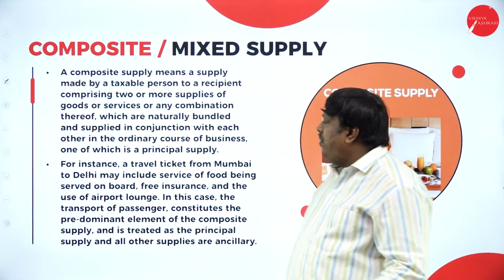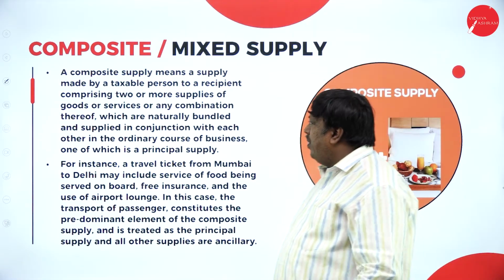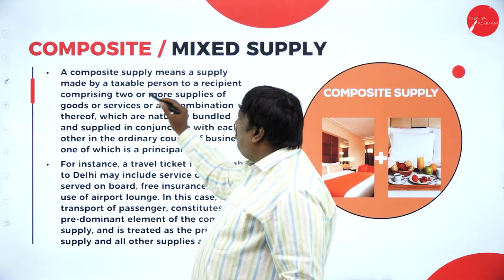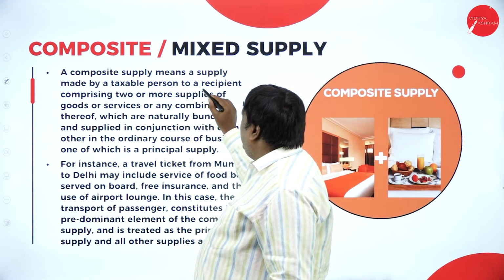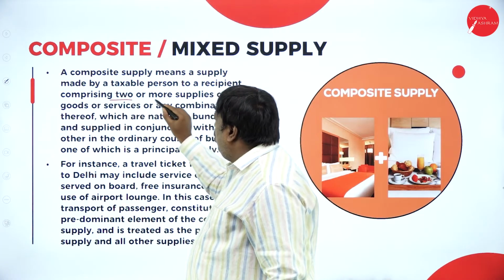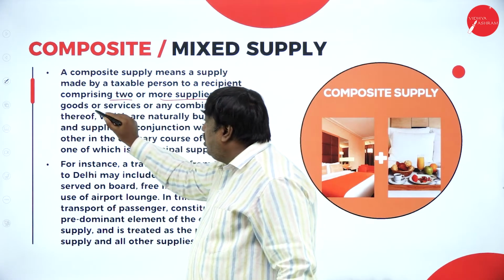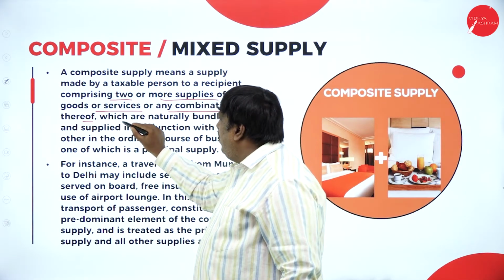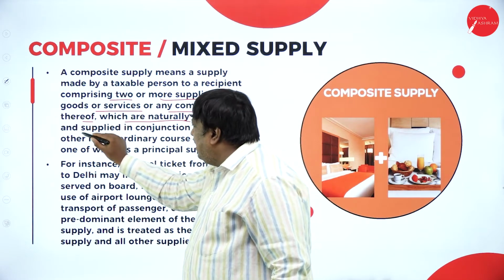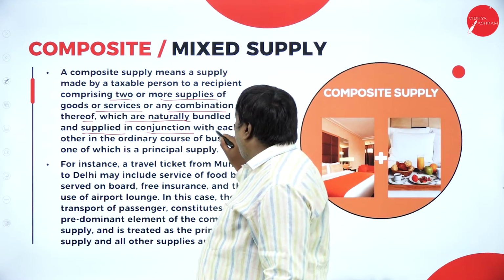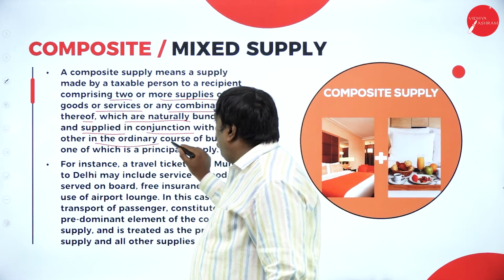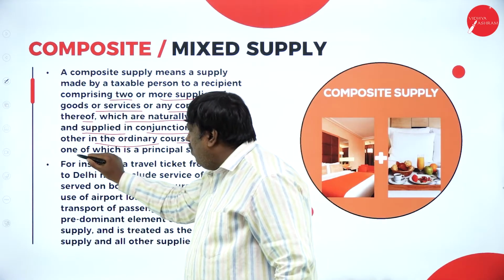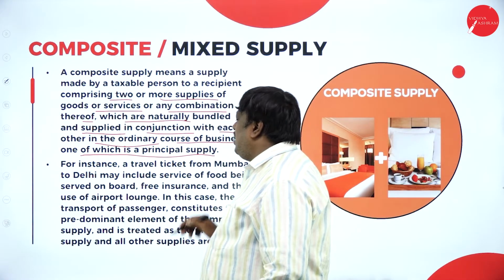The first we have here, composite supply. A composite supply means a supply made by a taxable person to a recipient comprising two or more supplies of goods or services or any combination thereof, which are naturally bundled and supplied in conjunction with each other in the ordinary course of business, one of which is a principal supply.